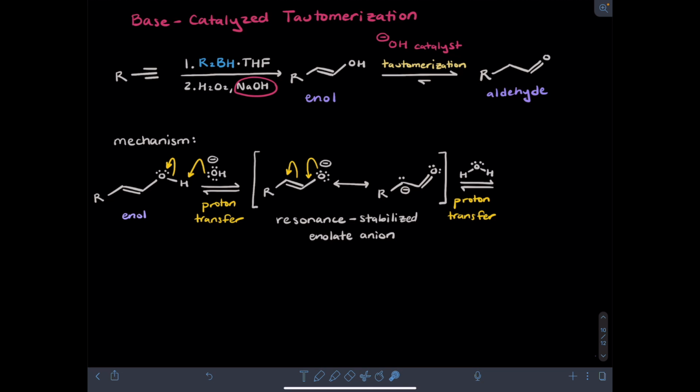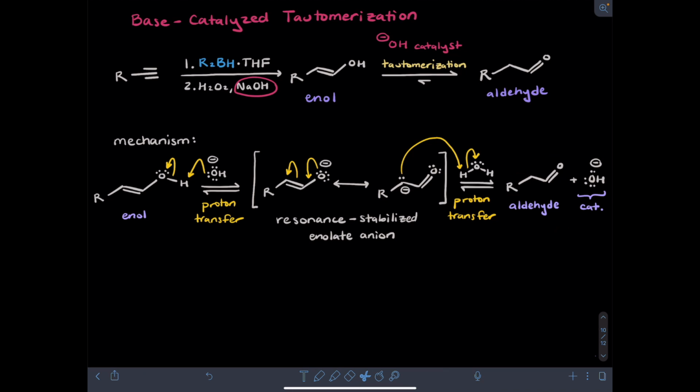To protonate this, I need an acid, and because I'm under basic conditions, water is the best acid that's available. I would use the carbon lone pair as the base, and water as the acid in this proton transfer step. This step generates the aldehyde product, and it regenerates hydroxide, the catalyst.